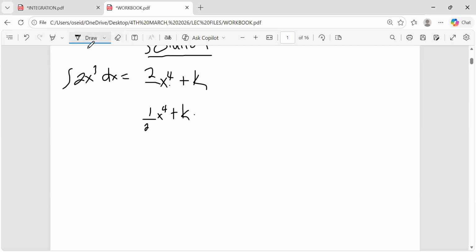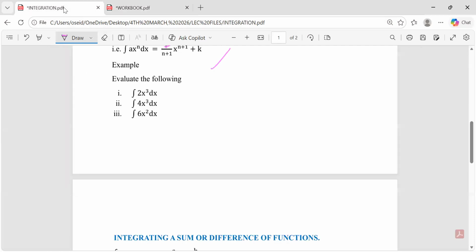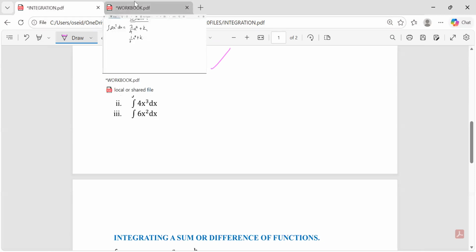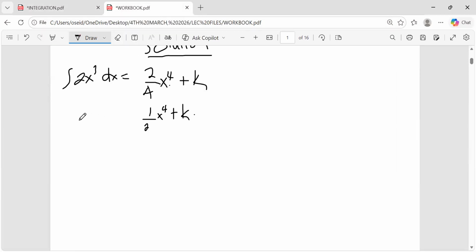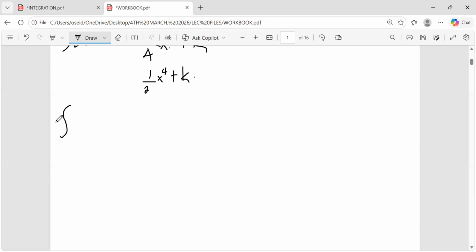And I hope each and every one of us is writing something down for reference. Then integral, that's the II.